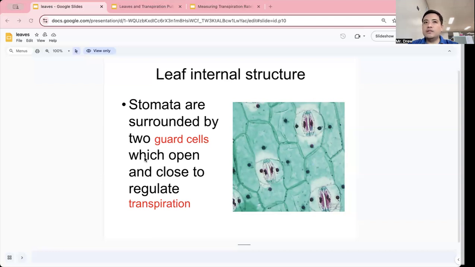I remember one of my students before, he did an internal assessment paper about stomata density.